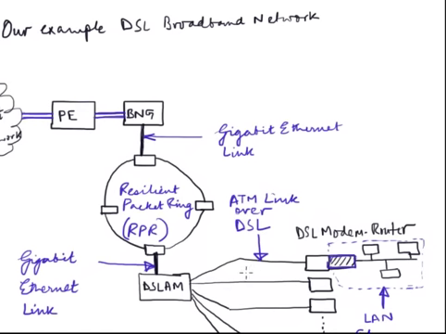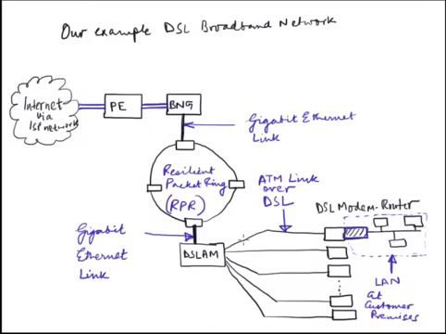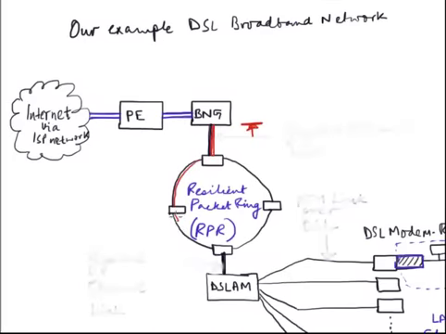The BNG and the DSL modem use a point-to-point protocol, or PPP, to transmit subscriber traffic.